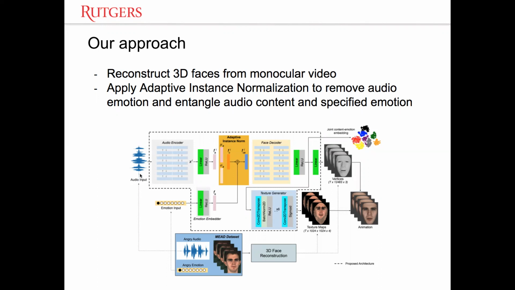So we start with a bidirectional audio encoder because we are trying to model the intra-frame dependencies. So we use a bidirectional recurrent neural network, and the output audio features and the embeddings of the emotion input are passed to a module called adaptive instance normalization.